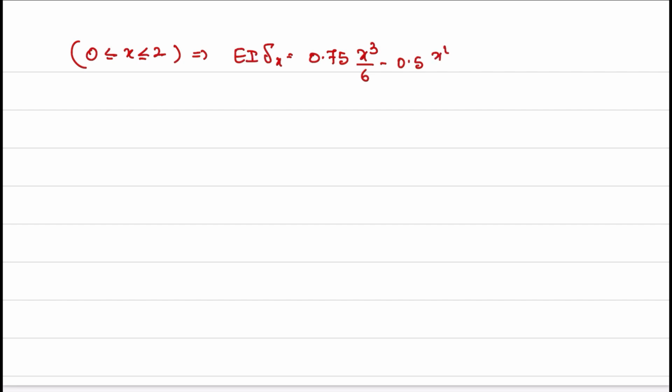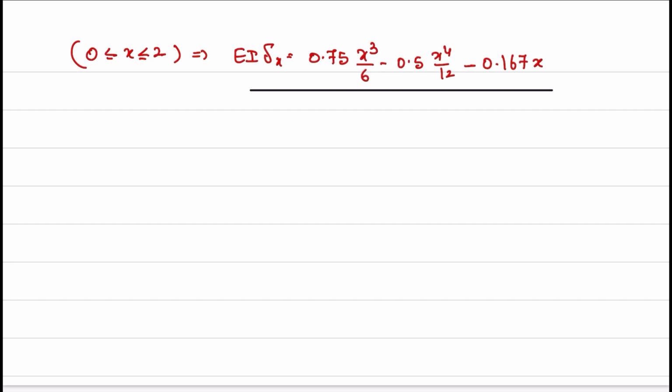Then, in the portion 0 less than or equal to x less than or equal to 2, EI delta x for deflection is equal to 0.75 x cube by 6 minus 0.5 x to the power of 4 by 12 minus 0.167 x. This is the equation for any value of x between 0 and 2.